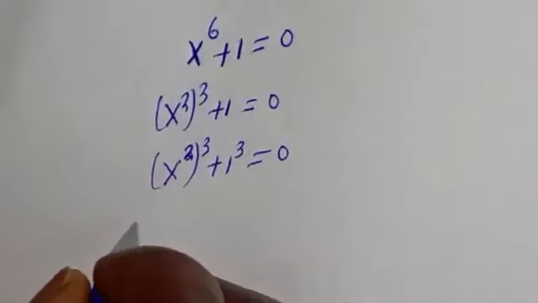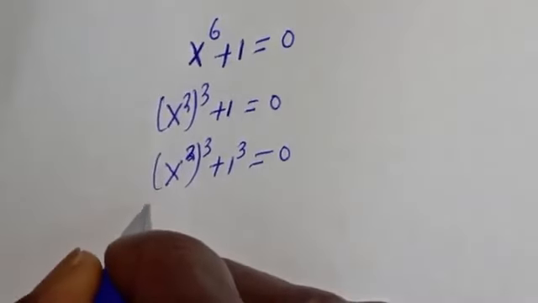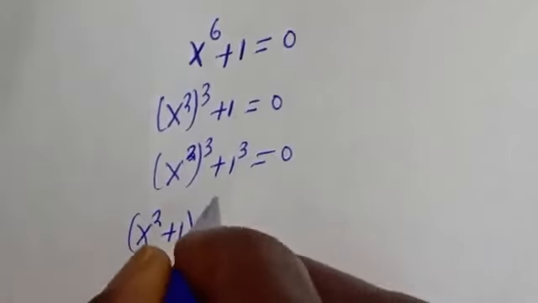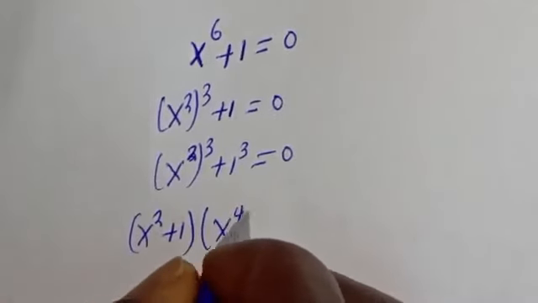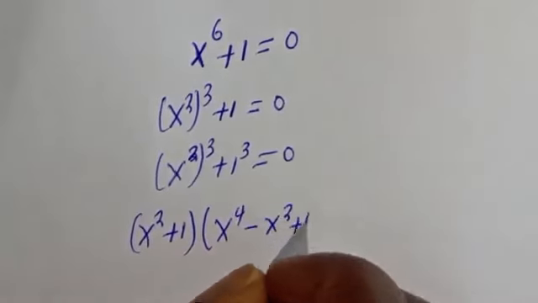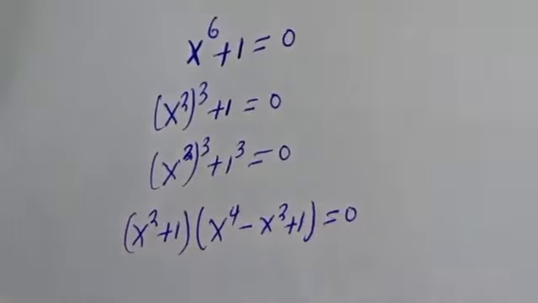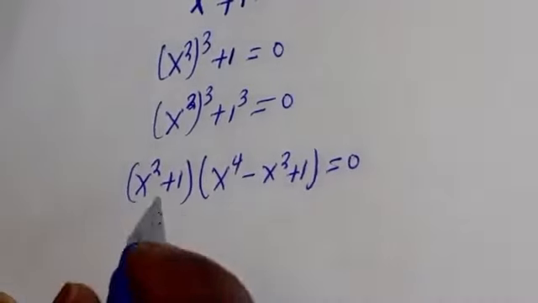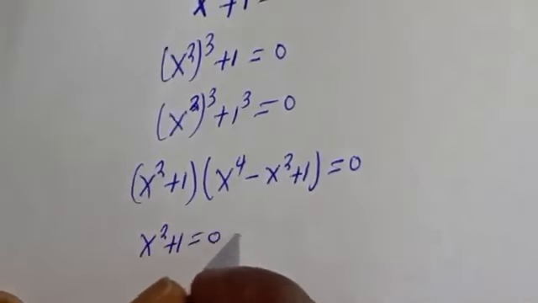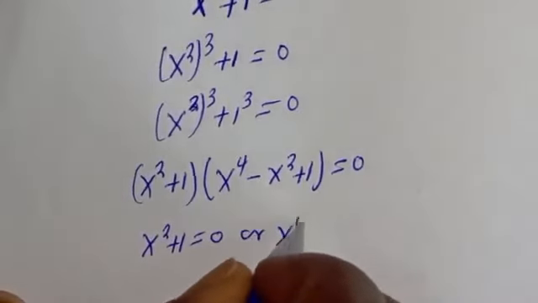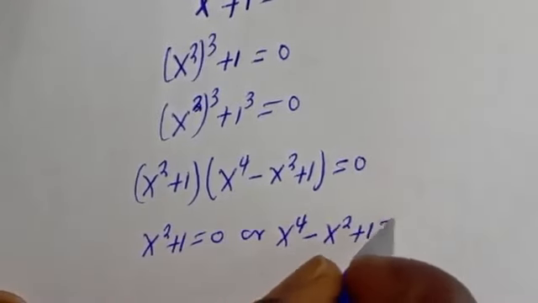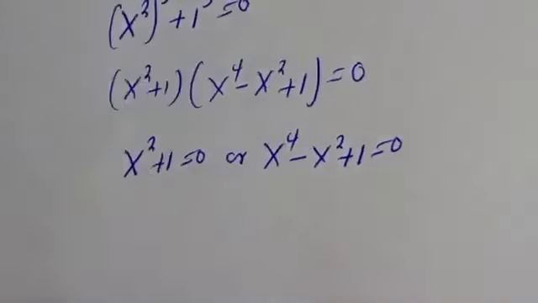Then this is s squared plus 1 bracket s raised to power 4 minus s squared plus 1 is equal to 0. There are two cases here. s squared plus 1 is equal to 0, or s raised to power 4 minus s squared plus 1 is equal to 0.